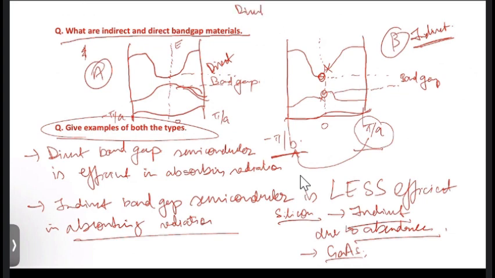Direct band gap examples, it is CdS, cadmium sulfide. It is widely used in laboratory research, but yes, it is toxic. We have to carefully synthesize this material.